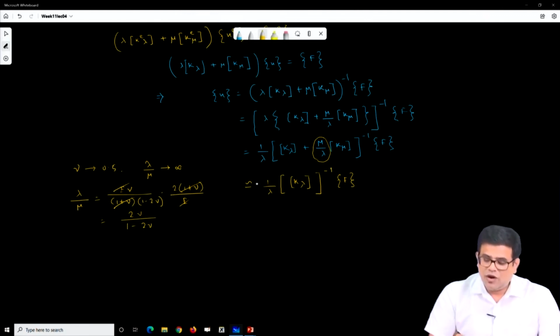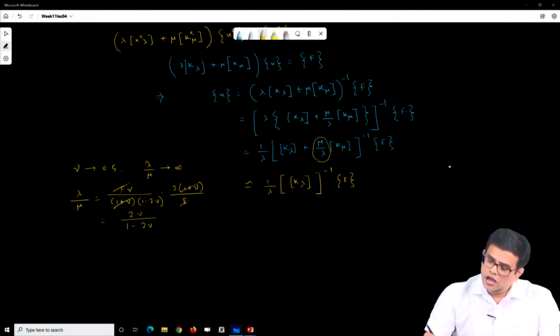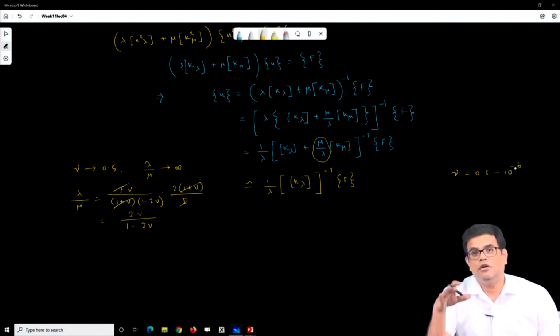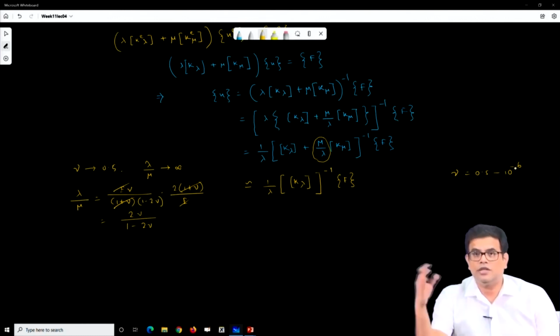But here, what will happen? Lambda is a finite quantity, but the mu by lambda ratio goes to 0 in the incompressible limit, not exactly 0.5, but let us say nu is for example 0.5 minus 10 to the power minus 6, so you will have 0.4 and then 9s after the 0.4.